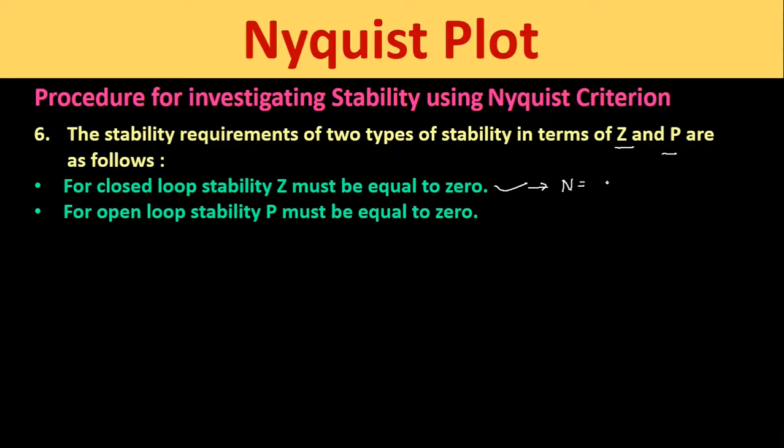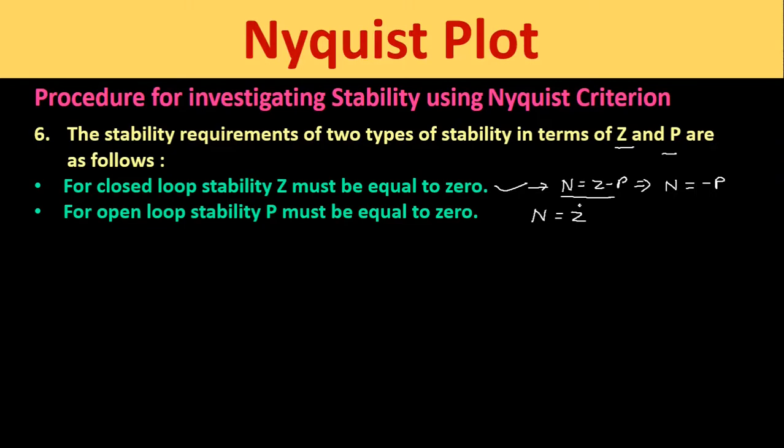As it is N equal to Z minus P, when we put Z equal to 0 here, the number of encirclements N will be equal to minus P. And second is for open loop stability, P must be equal to 0. So when we put P equal to 0 in this equation, N equal to Z minus P, we will get number of encirclements equal to Z.